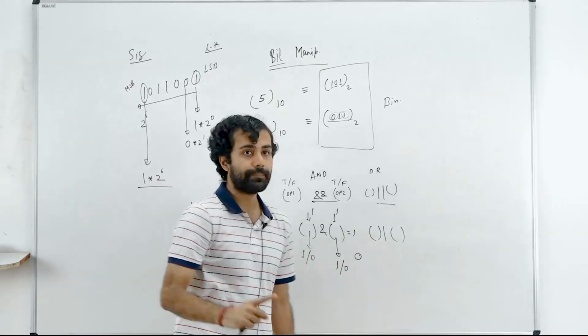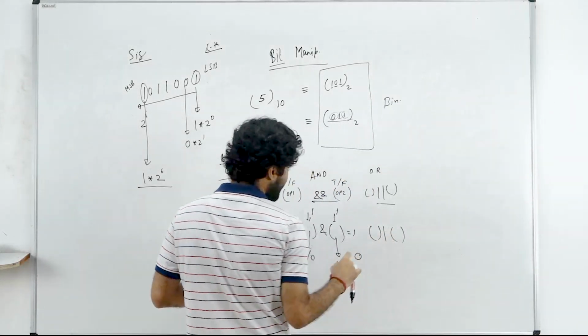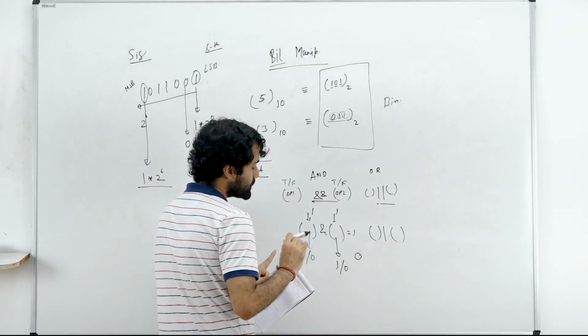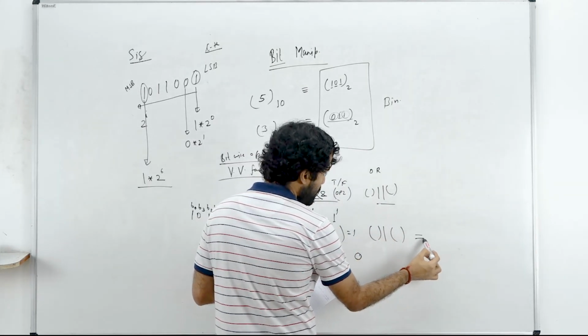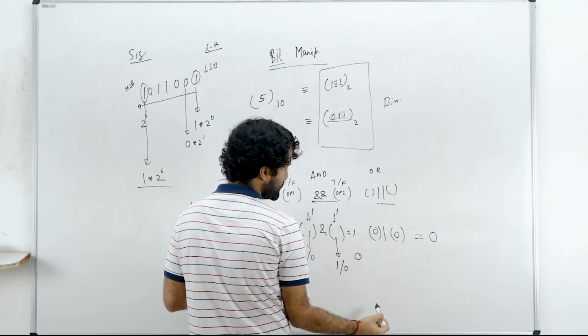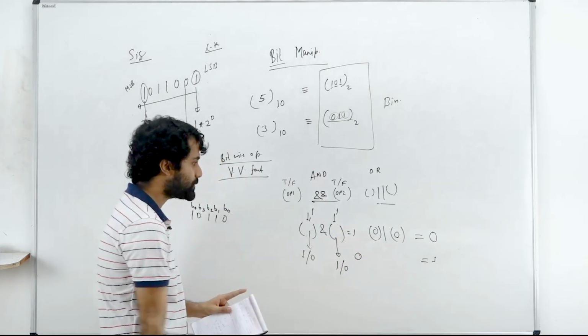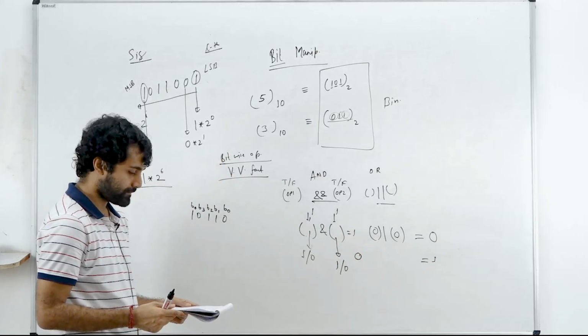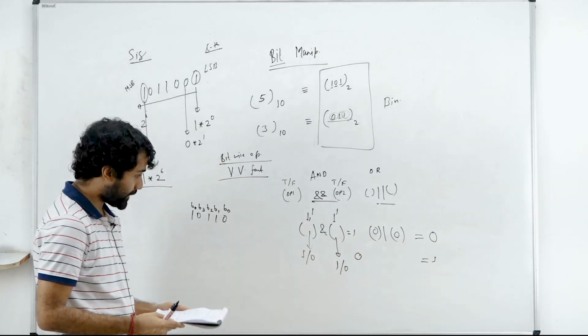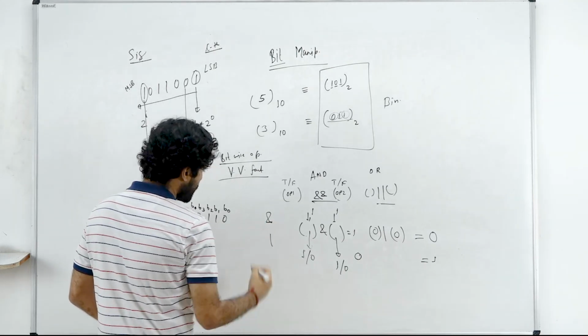When will bitwise OR evaluate to 1? If either of them is 1, the value will be 1. So for bitwise OR to be 0, both the bits should be 0. Otherwise it will be 1. Even if one of the bits is 1, it will be equal to 1. Okay, cool. So we are done with bitwise AND and bitwise OR.